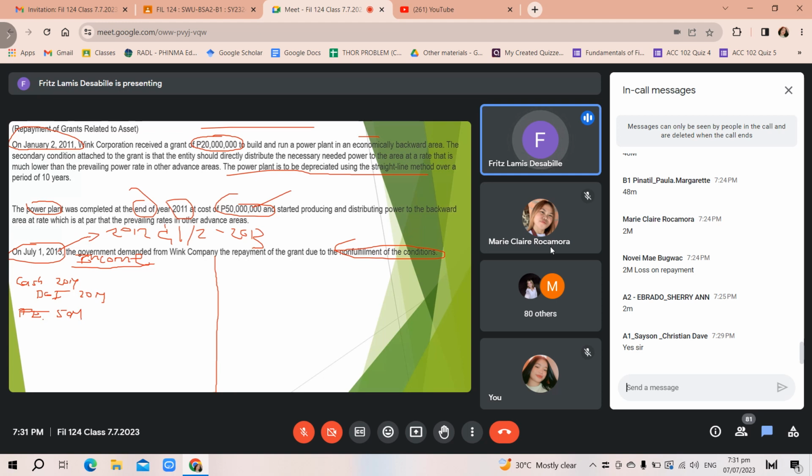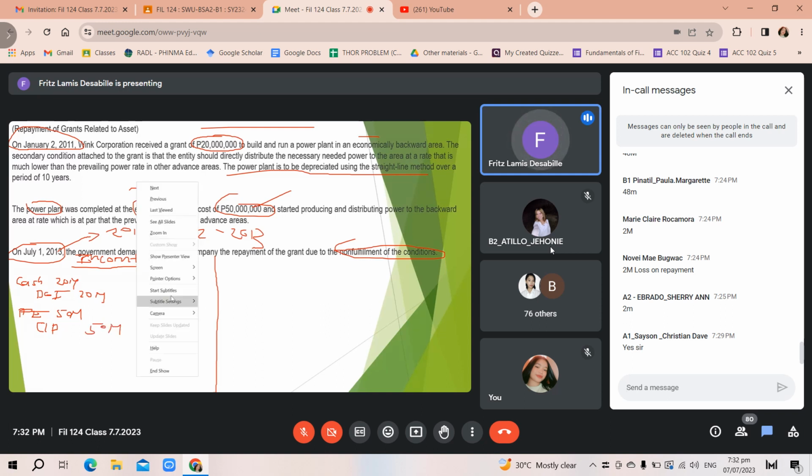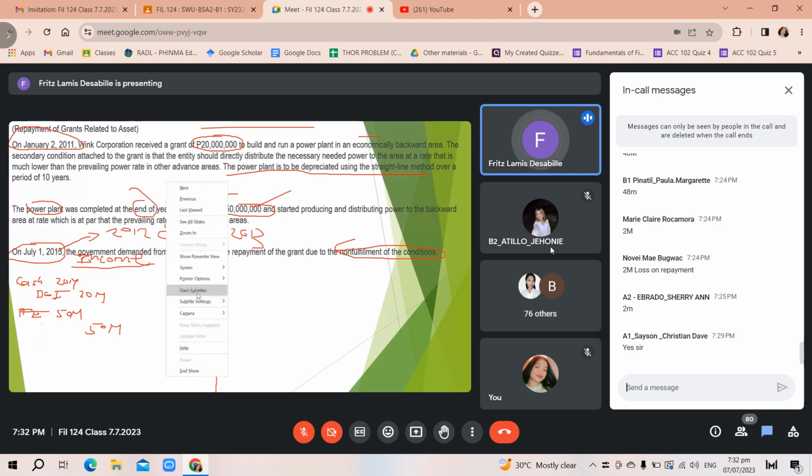Credit, say for example, it's not actually cash. Technically it's construction in progress, 50 million. Let me just put cash. It's a lump sum entry so you don't get information bombed about what construction in progress is. We will get to CIP later, guys.